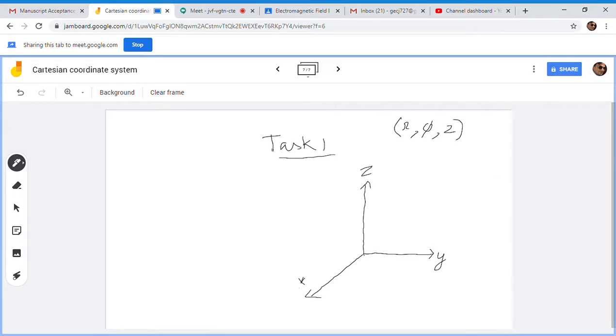Yesterday I referred the book, and I came to know that I was doing something wrong. The variable which I am taking is not the same as in the book. The book which I am referring to is Engineering Electromagnetics.